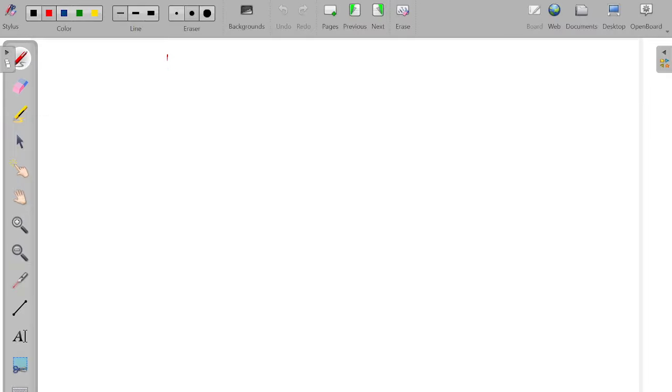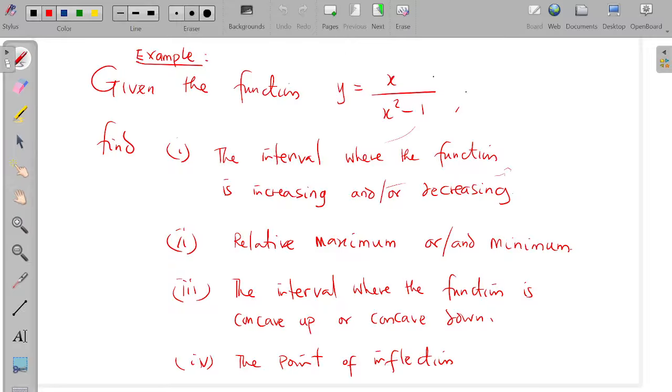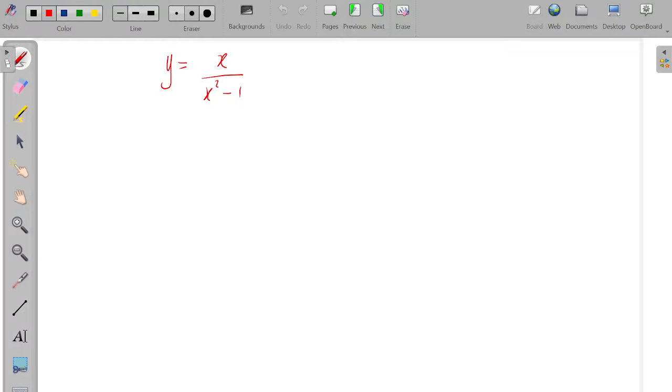So let's find, given the function, f(x) equals x over x squared minus 1. So now we need to find the interval where the function is increasing or decreasing. In order to do so, we need the derivative first.